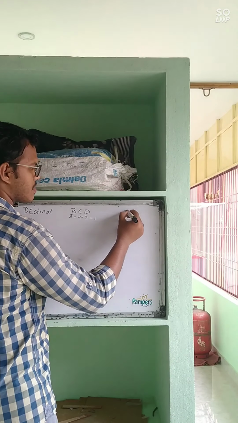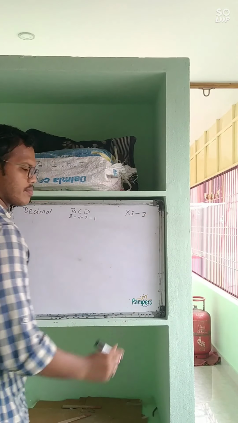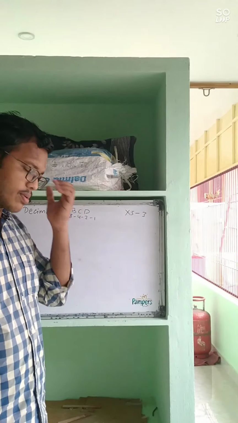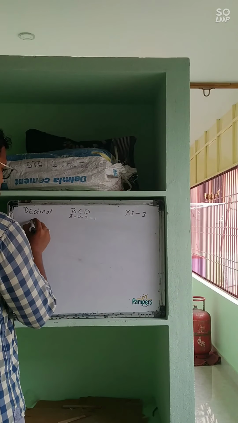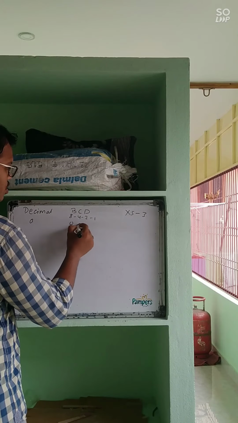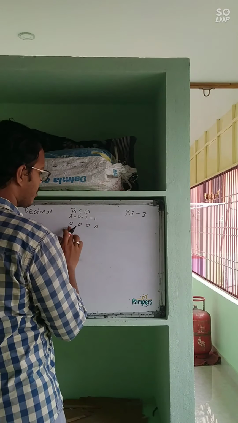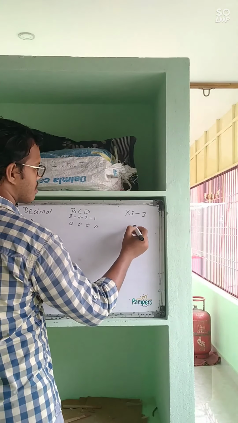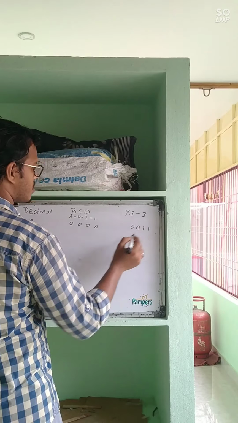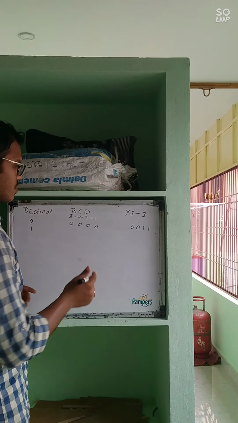Next one is Excess-3 code. Excess-3 code means we have to add 3 to the decimal number. If we have 0, that is 0 0 0 0, and we add 3 to the 0, then 0 plus 3 means 3, so 0 0 1 1. 1 plus 3 means 4.